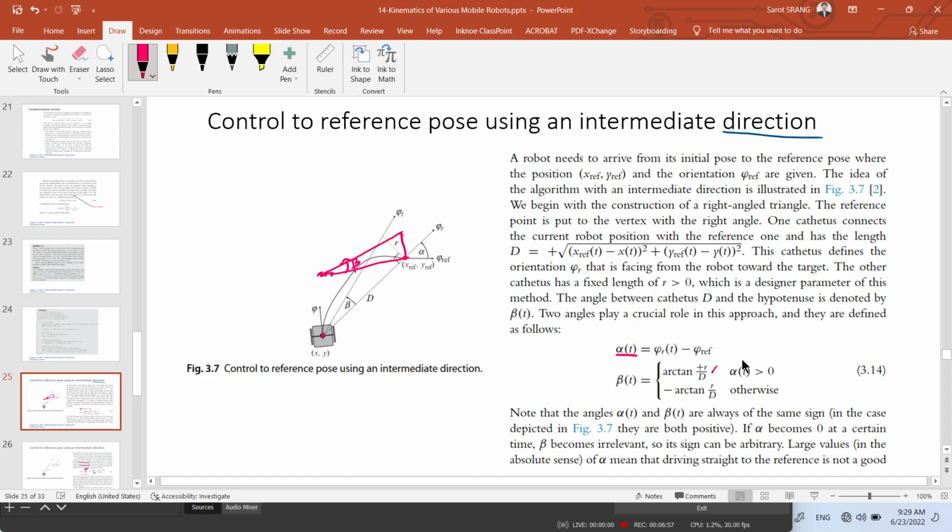When alpha is 0, the sign of beta becomes irrelevant; you can take any value, plus or minus, it's okay.